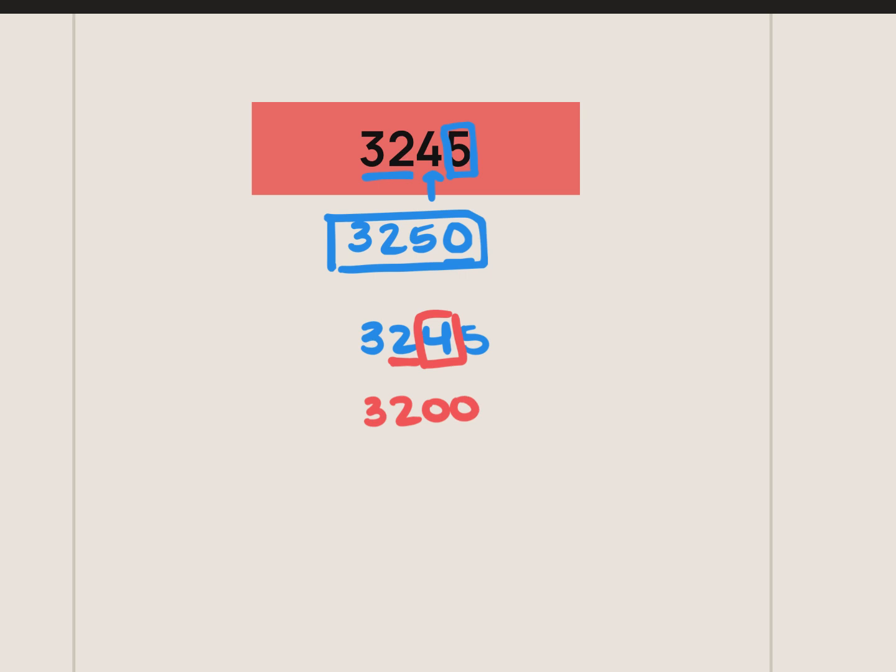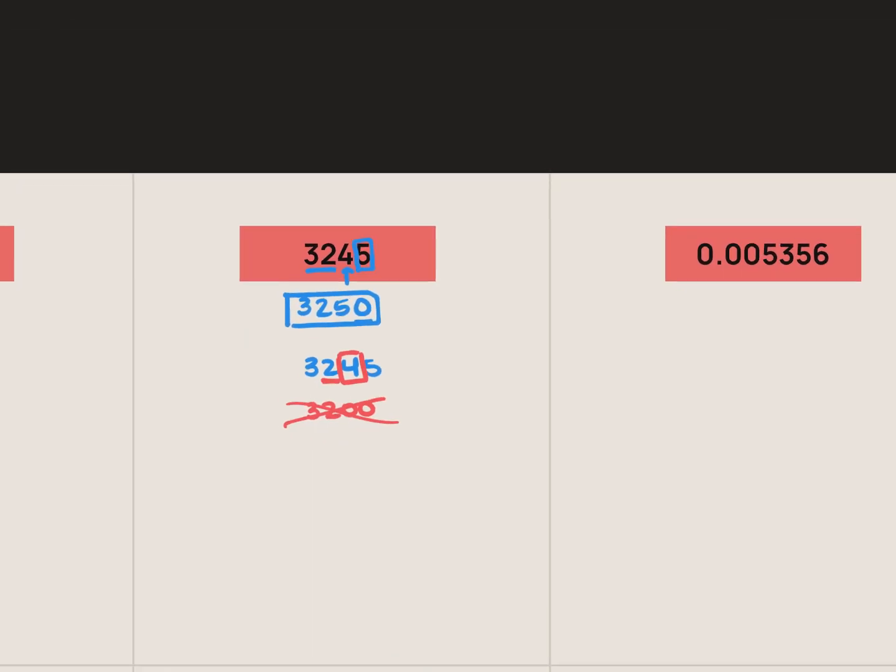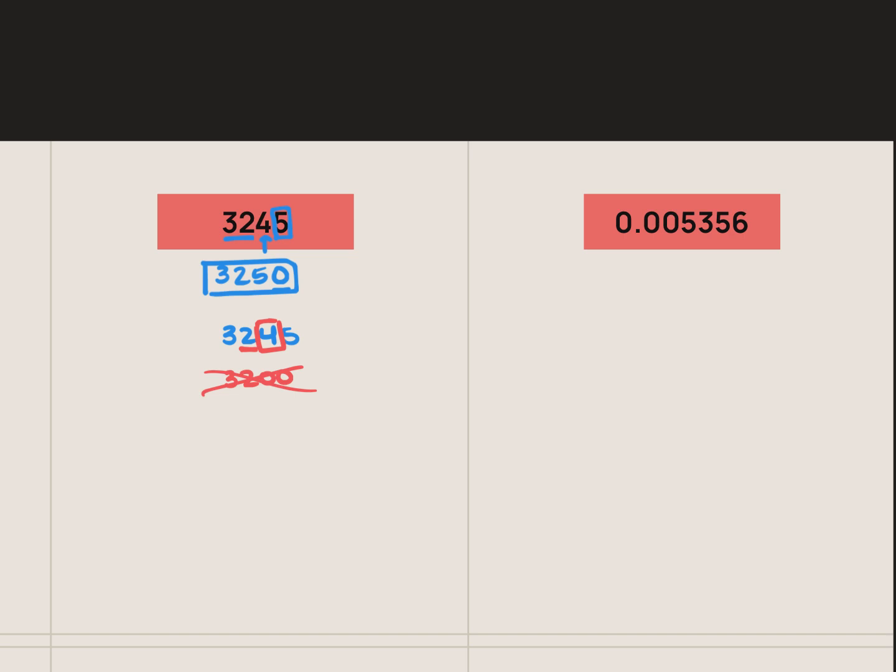That would only be 2 significant figures because there's no decimal point, so these zeros would not be considered significant. So you do have to think ahead a little bit on which digit you should round up or down in a number, so that you know if you're going to end up with 2 or 3 significant figures. Okay? So we wouldn't want to round to 3,200 there because it wouldn't be enough significant figures.